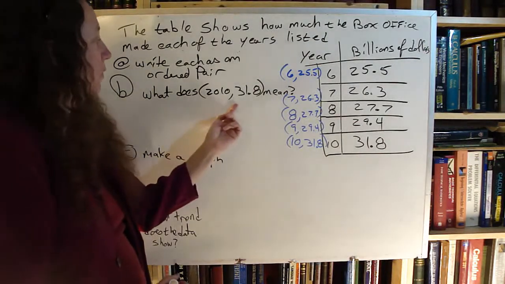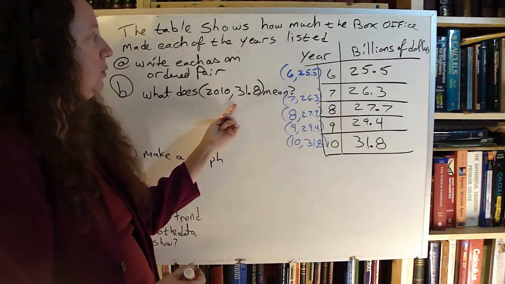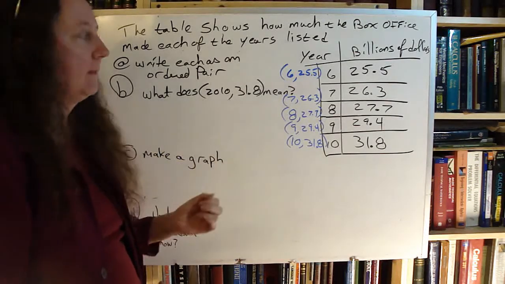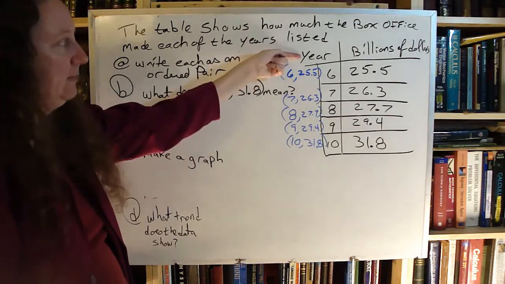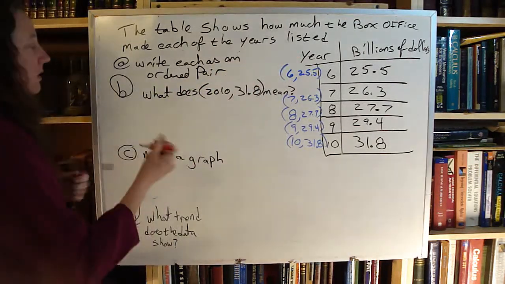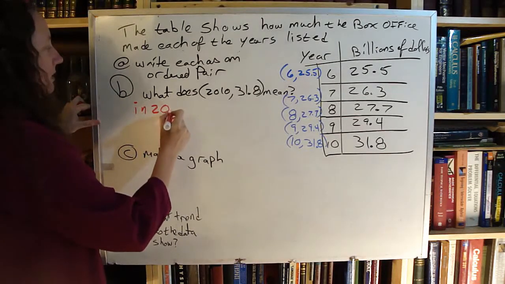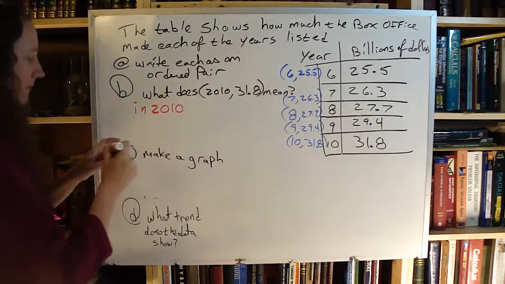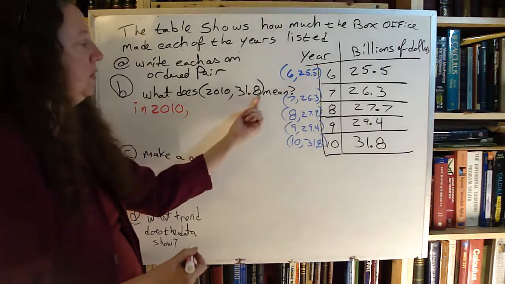Now they're asking, what does the ordered pair 2010, 31.8 mean? So the 2010, that's my year. So I'm going to say that in 2010, 31.8.